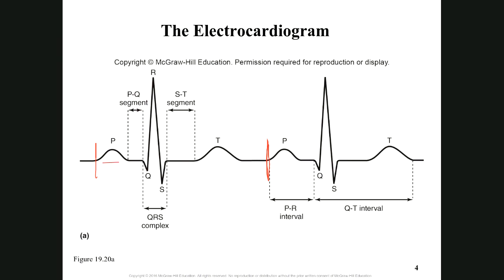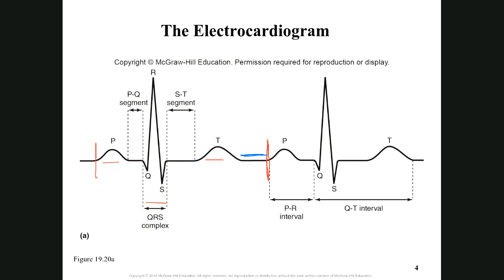After that, we have the QRS complex, which is the ventricular depolarization, and the T wave as the ventricular repolarization. And we have a time here when our heart is at rest. This blue line shows that your heart is at rest, no contraction, no relaxation, no changes in your heart, and after that the next P starts again.